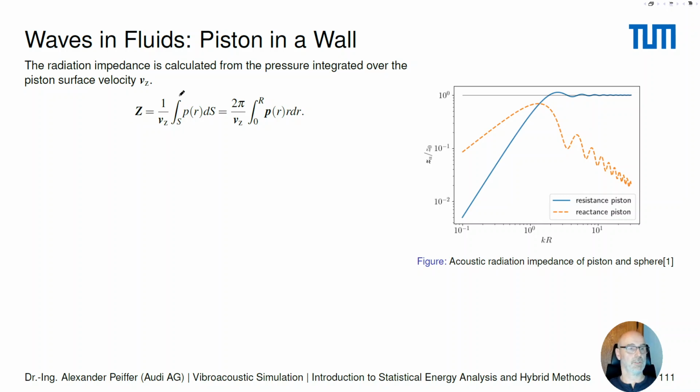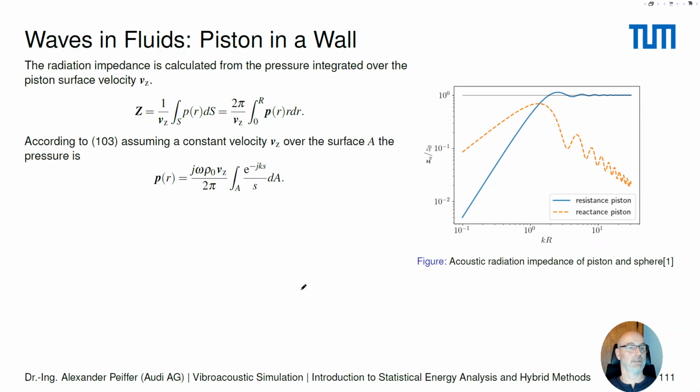For getting the force, we just have to integrate the pressure over the piston surface divided by the velocity, which is the same everywhere. Doing the integration over the radius step by step, we get this expression here over the surface of the piston.